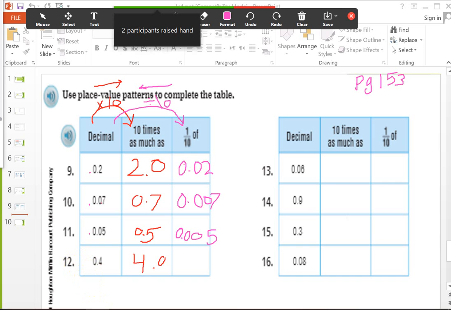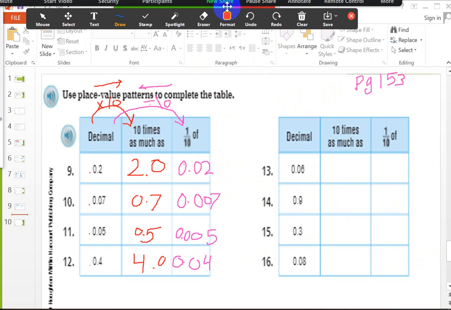To the left, girls, not the right. It will be right here, right? From here to here. So it will be 0.4.